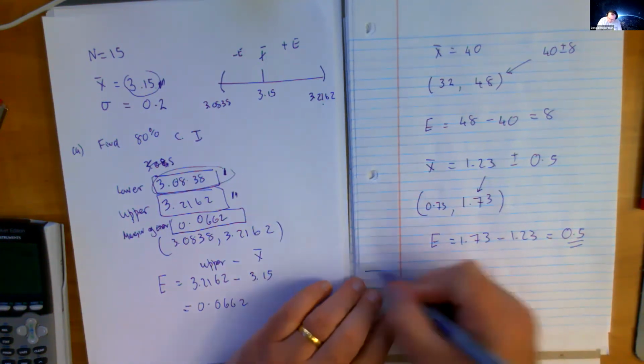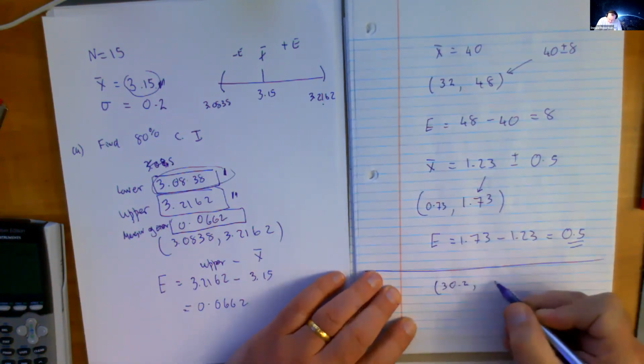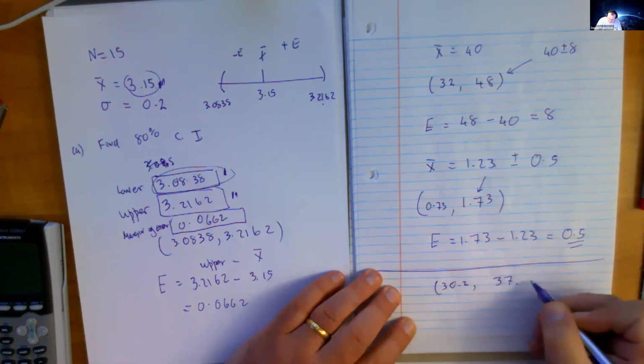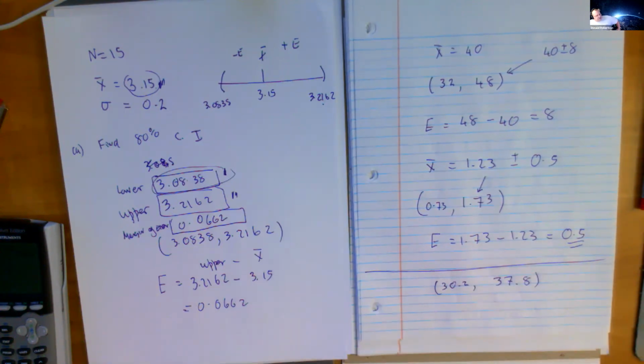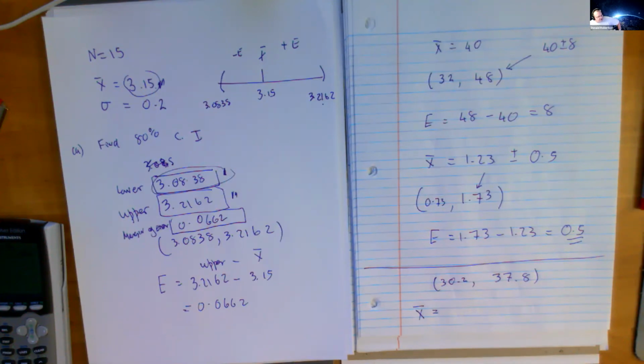Here's a different question, totally different question. Suppose that was a, I don't know, 95% confidence interval. And they didn't tell me X bar, the mean of the sample. How could I get it from here? Yeah, Lauren?